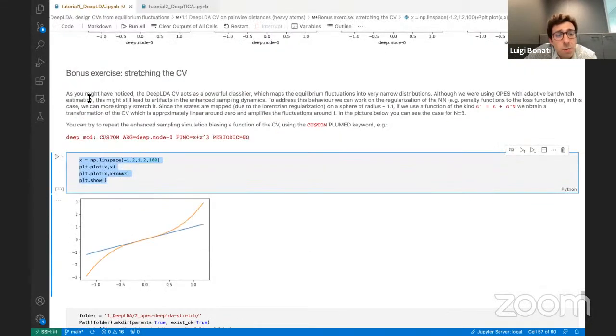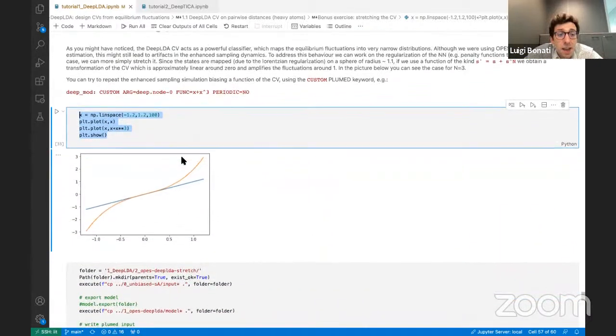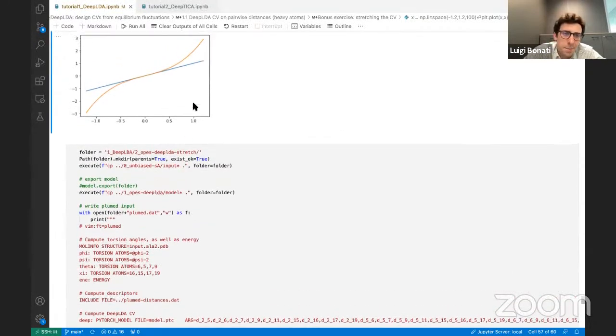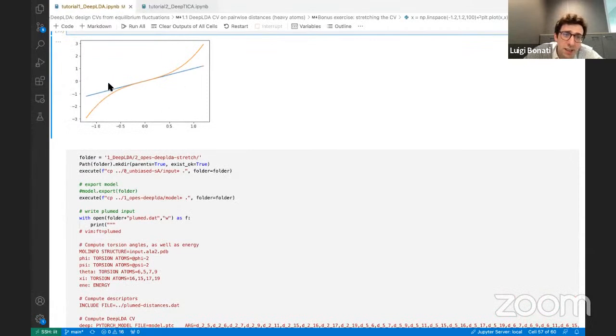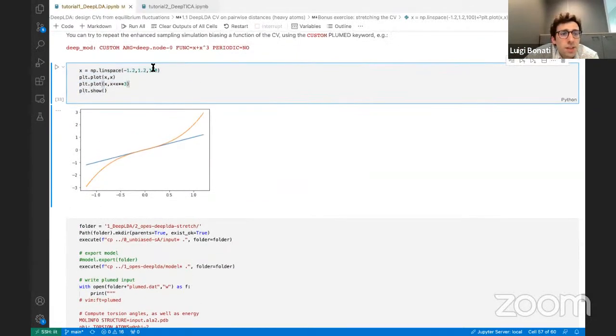We see that the outputs of the CV are around -1.1 and 1.1, which means that we could, for instance, transform the resulting CV in such a way that we have a linear transformation in the middle of the range, and it's amplifying around 1.